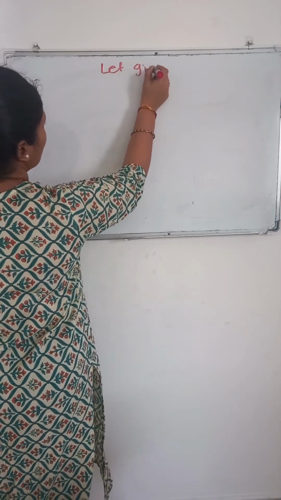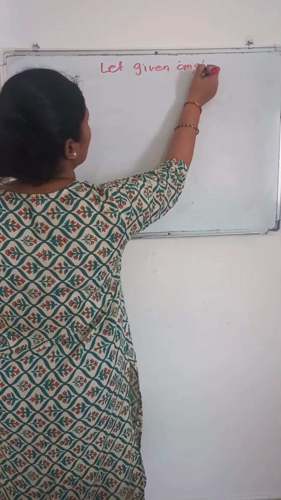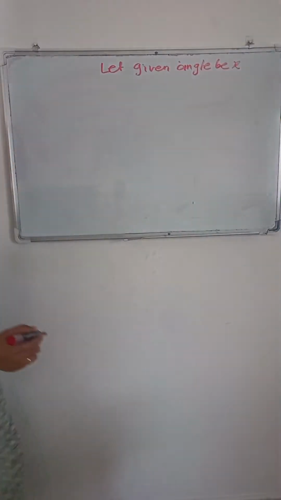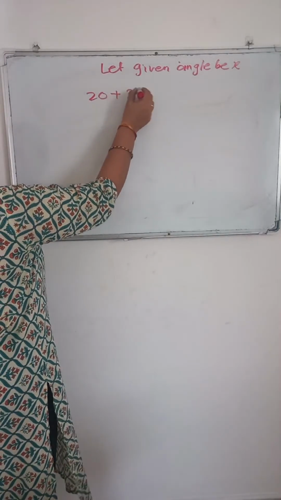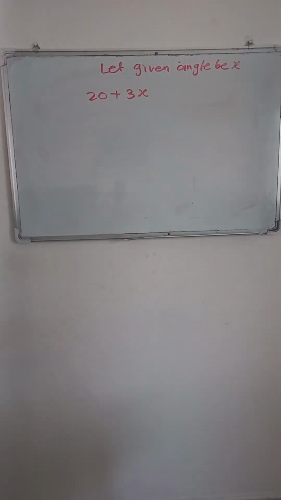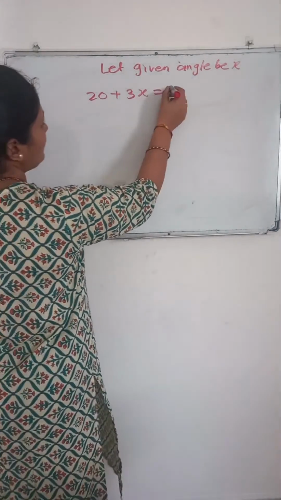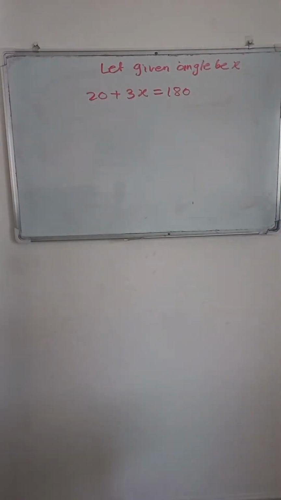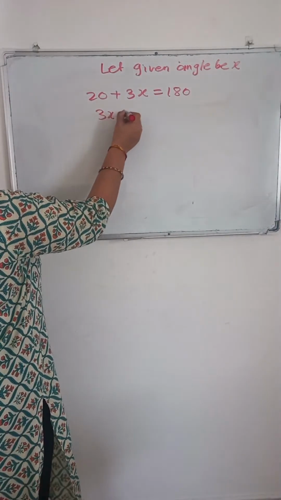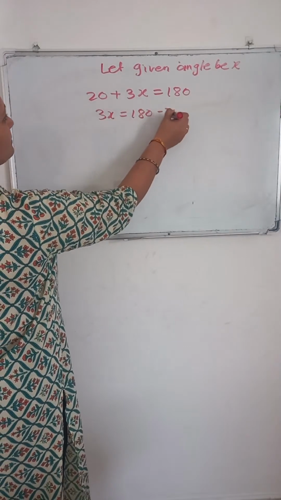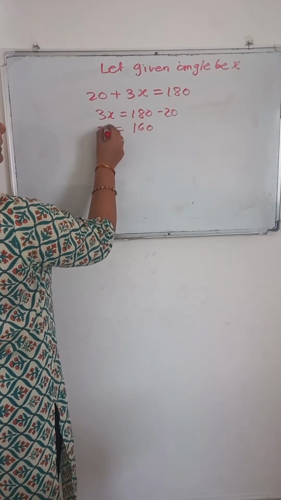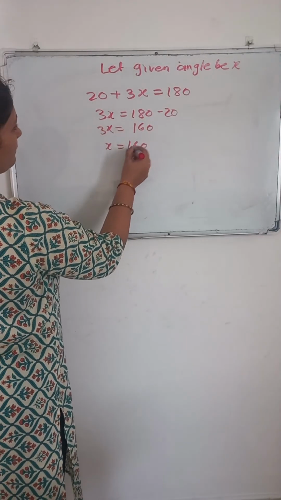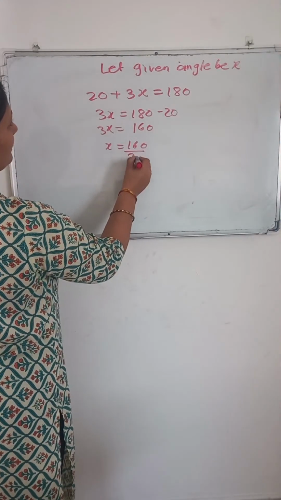Let the given angle be x, and this x is 20 more than 3 times of the given angle. The two angles are supplementary, so the angle sum is how much? 180. So simplify this. 3x is equal to 180 minus 20, that is nothing but how much? 160, that is 3x. So x is equal to 160 divided by 3.